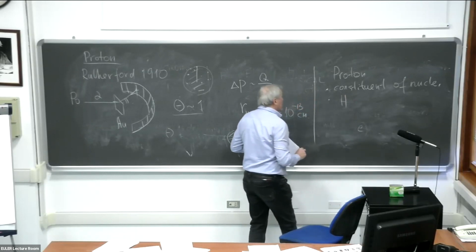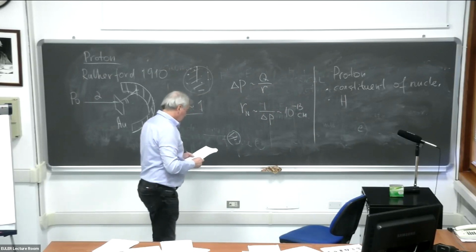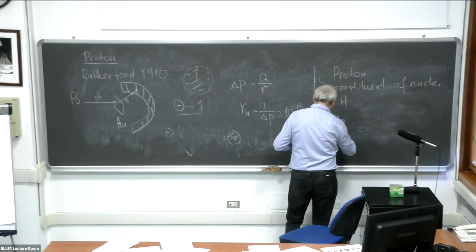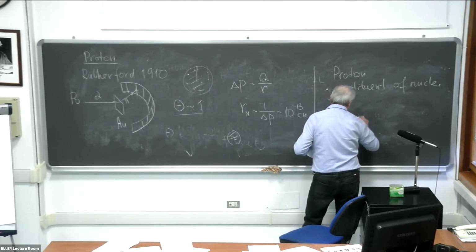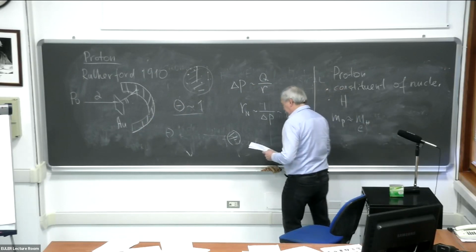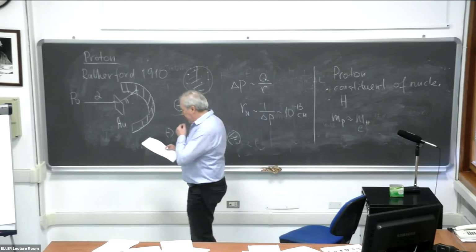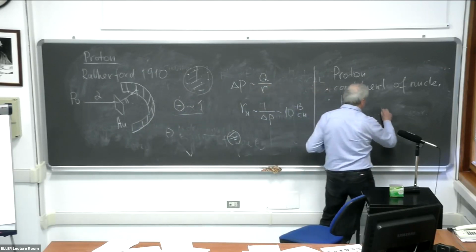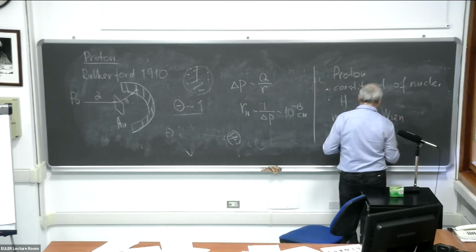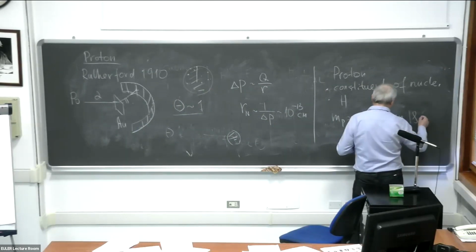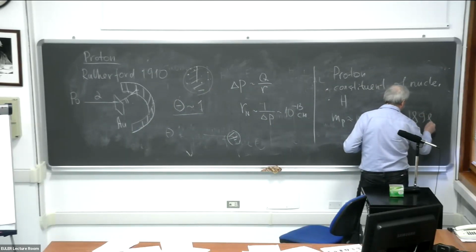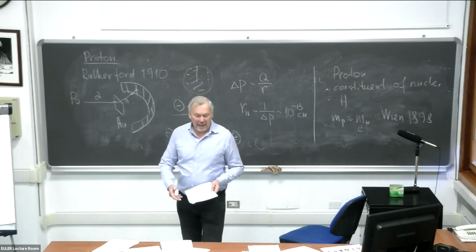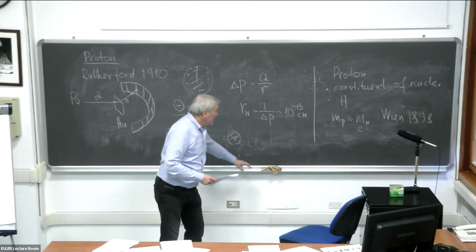So the proton is the nuclei of hydrogen. And the mass of the proton is approximately the mass of hydrogen. That was the idea, put forward by Wien early in 1898. And confirmation of this idea was done by, again, Rutherford in 1919.